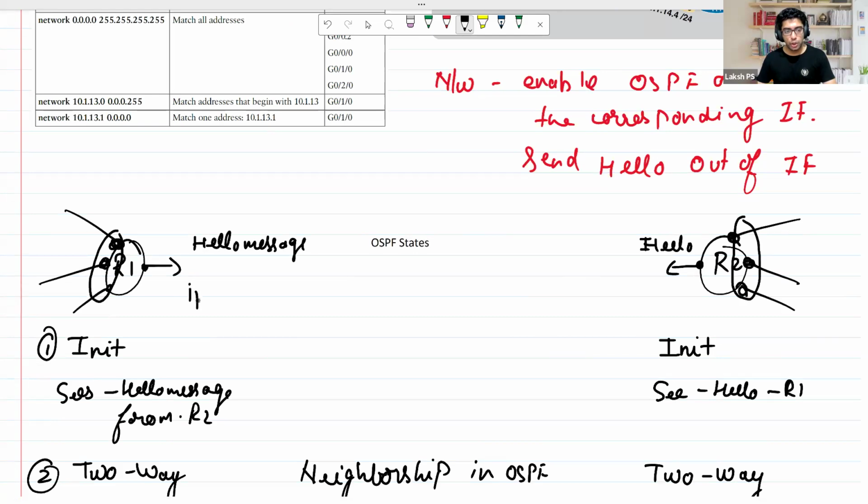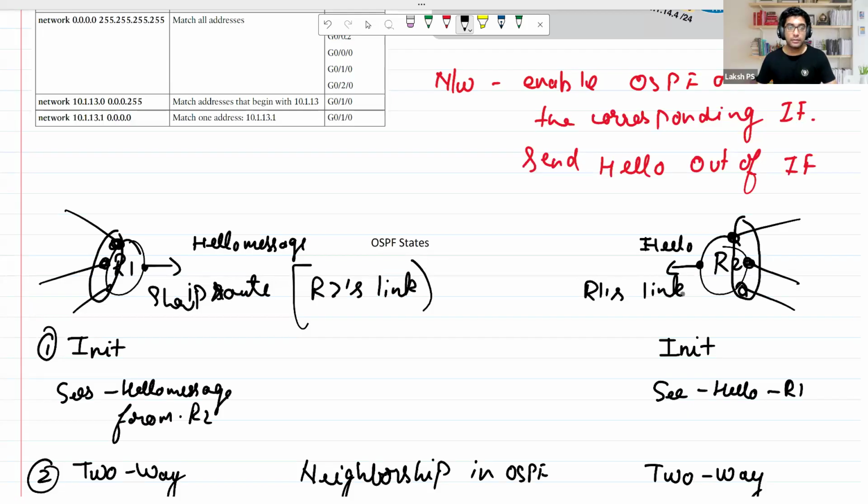So when I do show ip route on R1, I will see R2's links. Similarly, on R2, I will see R1's links, meaning that the routing tables of these two routers are now automatically populated using OSPF.